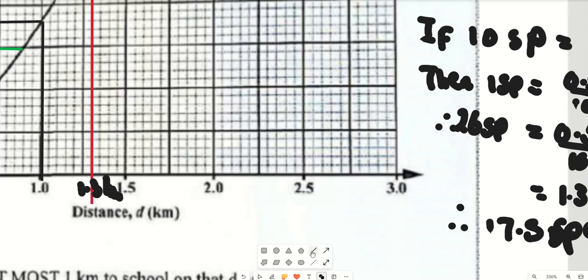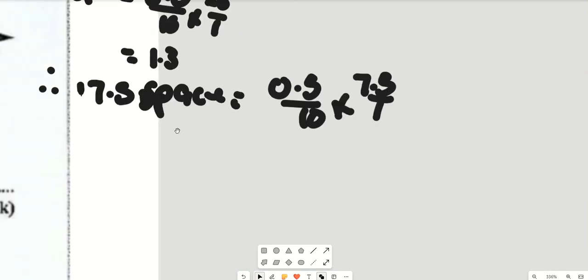So it's not 17.5, it's actually 18 spaces that they want. Alright? So instead of 17.5, you're going to find for 18 spaces.